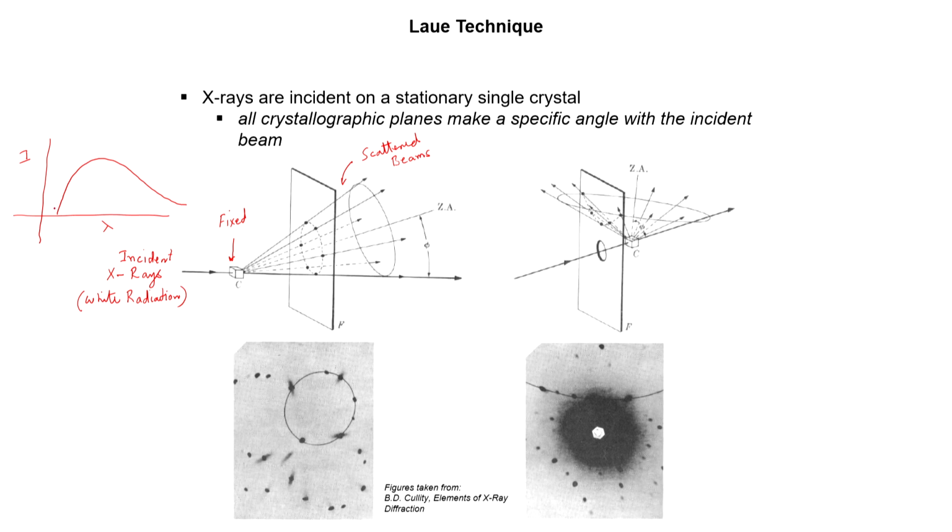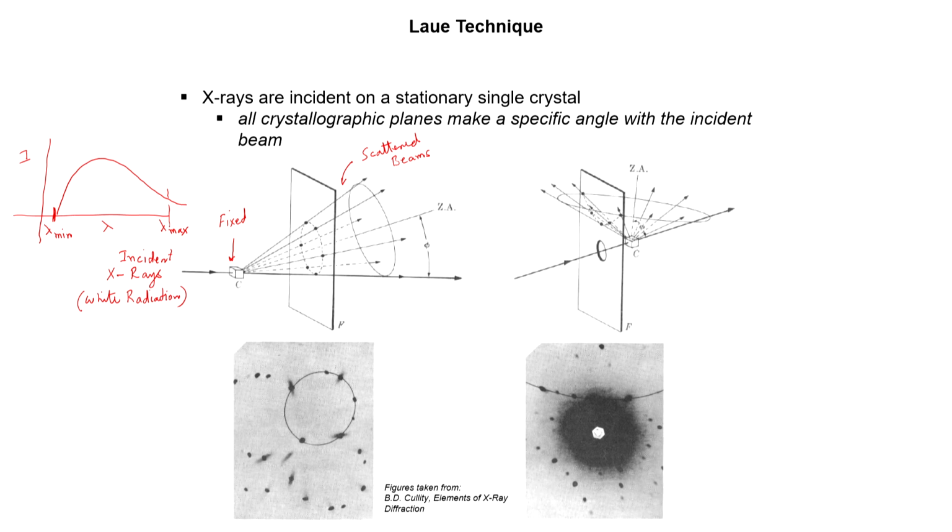So, there is a certain value of wavelength below which there will be no X-rays, and let me just call that lambda minimum, though it is also called lambda SWL, short wavelength, and let us arbitrarily fix some lambda max. So, I will have a variation from lambda minimum to lambda max. Beyond this lambda max, the intensity is very small, so we will not be able to observe any scattered beams.